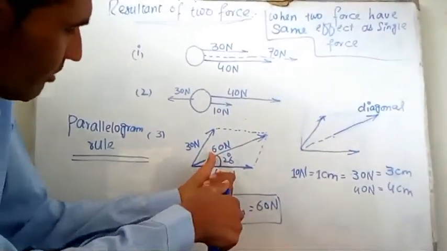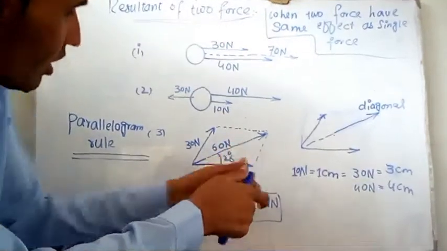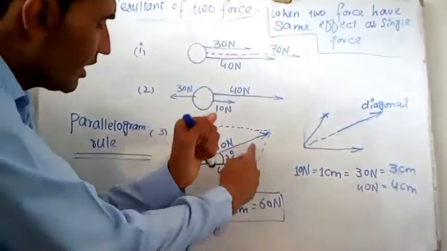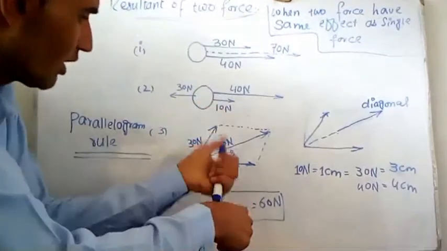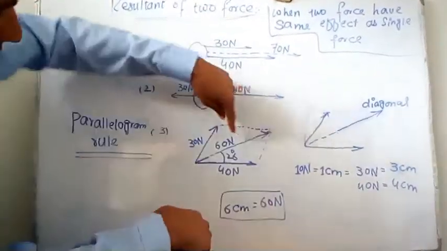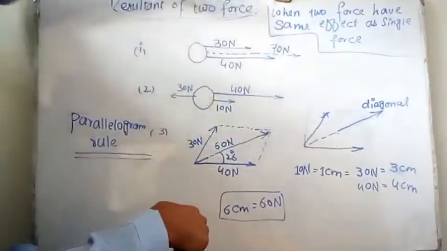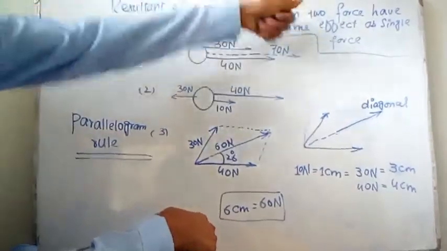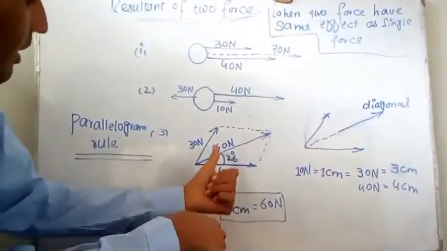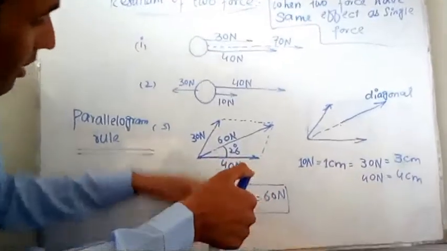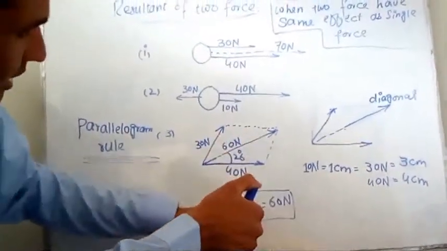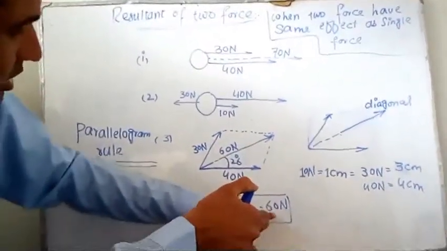Why? Because each centimeter represents 10 Newton force. So this diagonal will be the resultant of these both forces that are acting at an angle. So the diagonal is 60 Newton. It means that the resultant of these two forces will be 60 Newton using the parallelogram method.